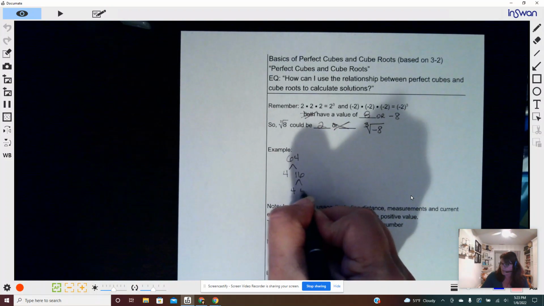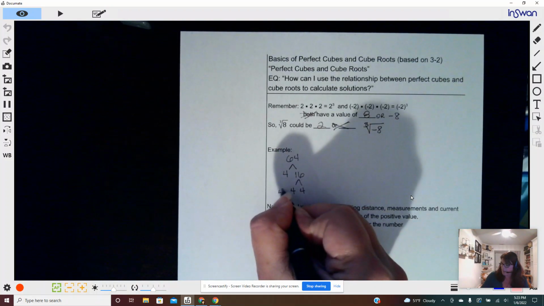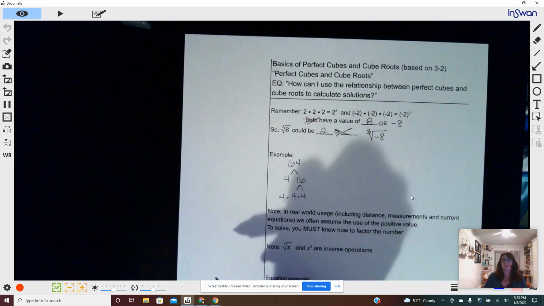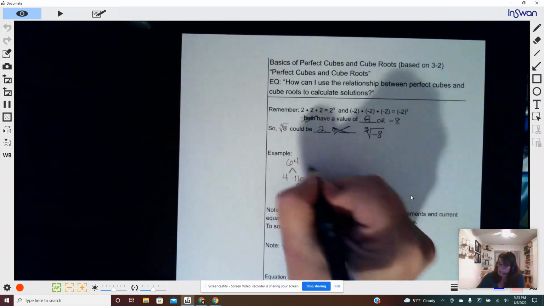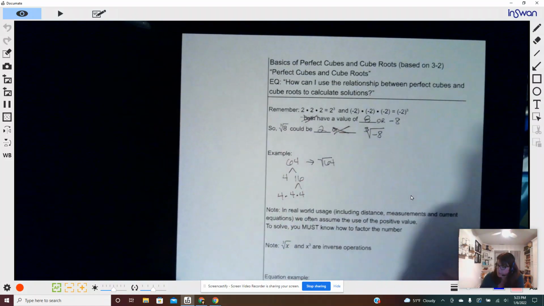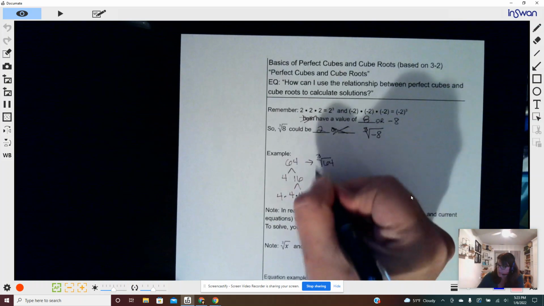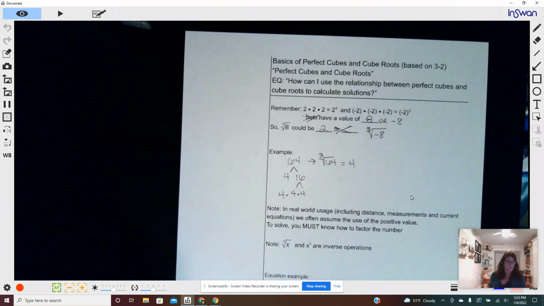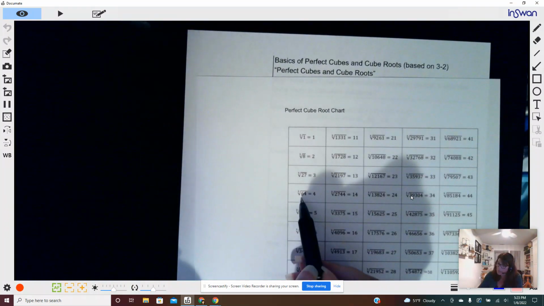And 16 is 4 times 4. So look at my factors of 64. Therefore, the cube root of 64 is 4. It is a perfect cube root. And you'll see it there.